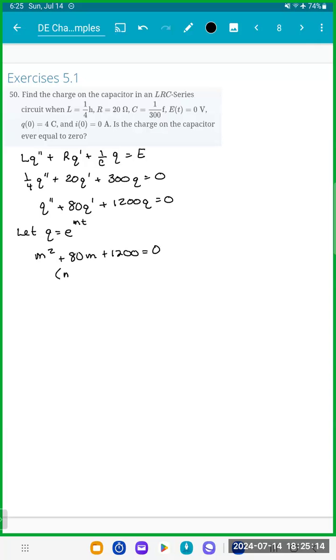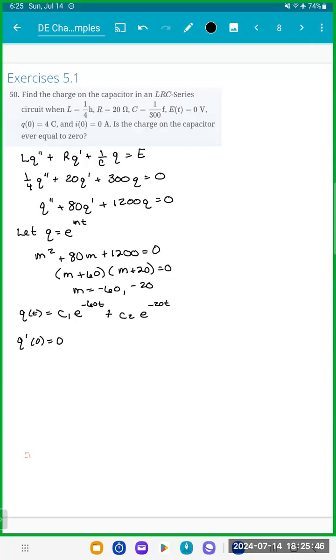And that'll factor as m plus 60 times m plus 20. Therefore, m equals negative 60 and negative 20. So we'll have that our Q of t is equal to C1 e to the negative 60t plus C2 e to the negative 20t.